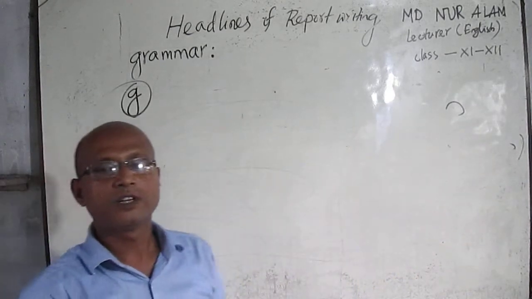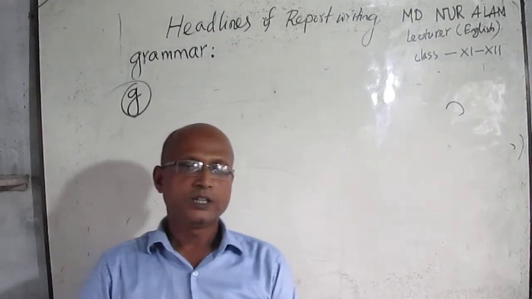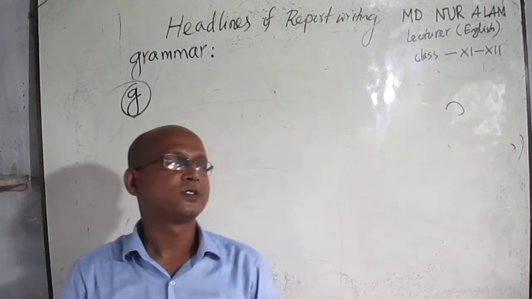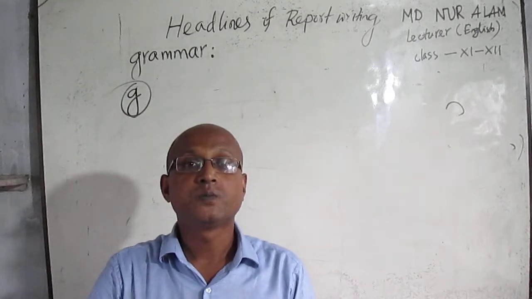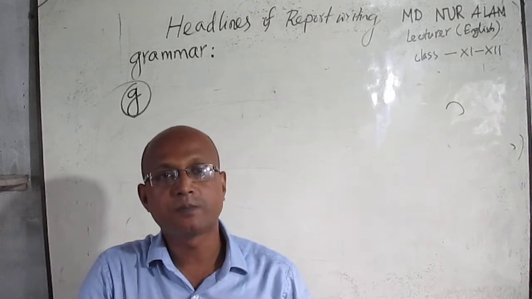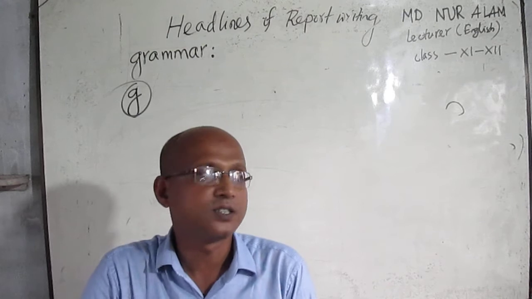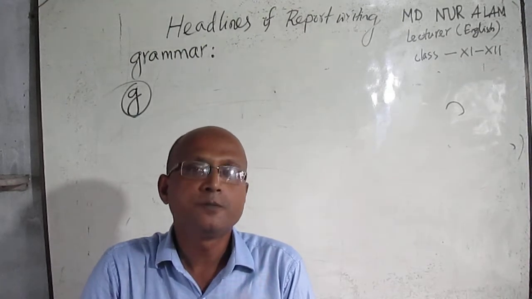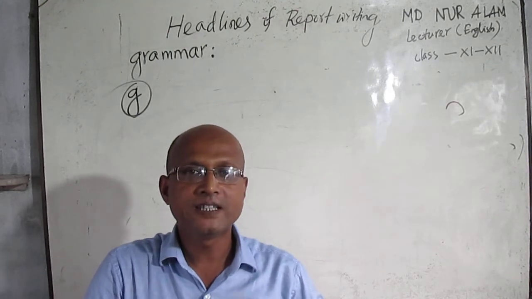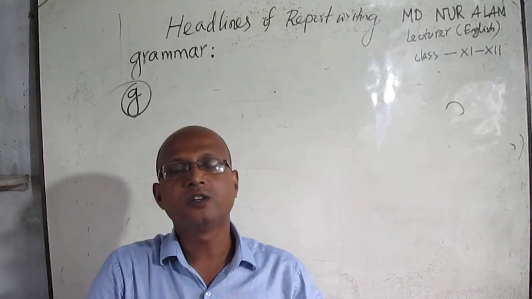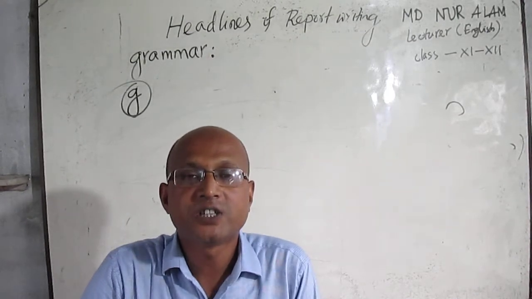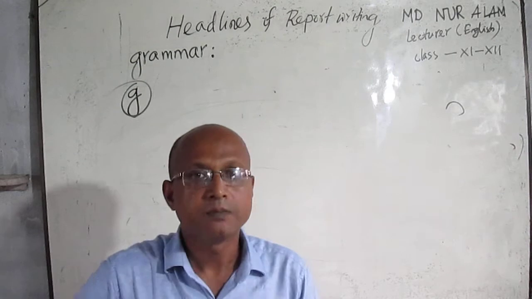Now let's go for another rule. In newspaper headlines, sometimes we also need to use passive verbs or passive structures. But when reporters use passive structures in the headline, they normally don't follow the traditional style, be plus past participle.